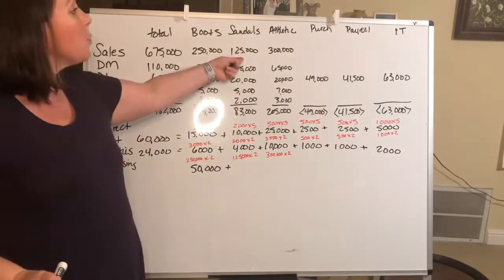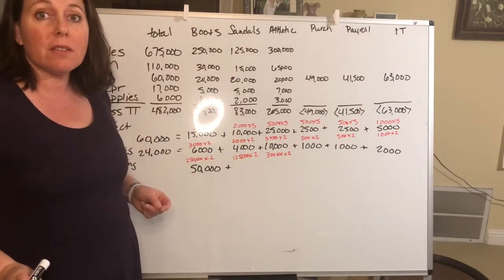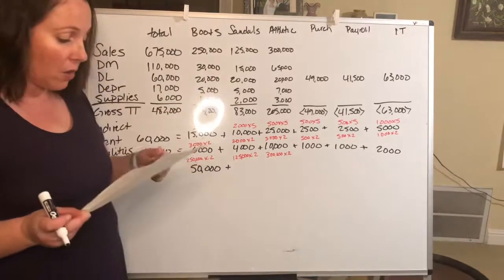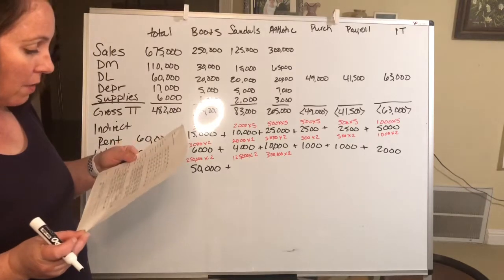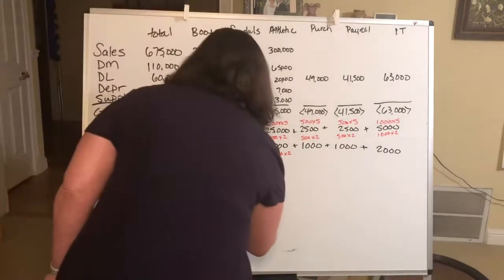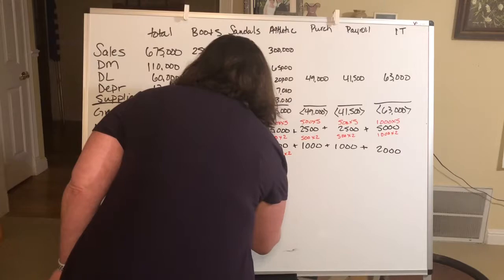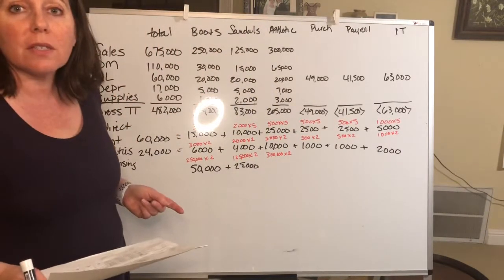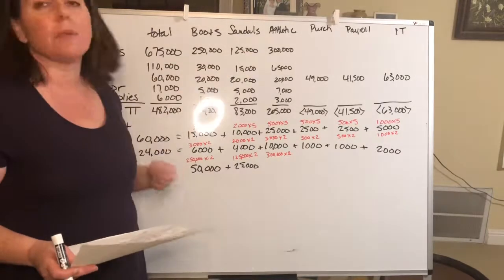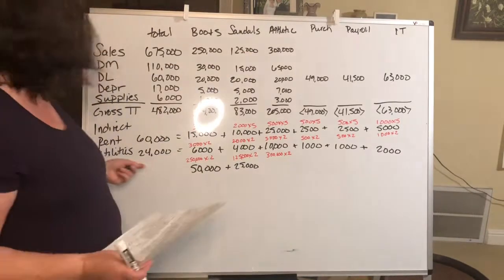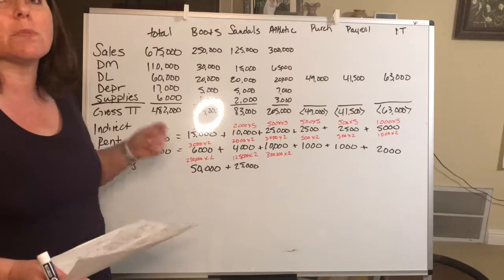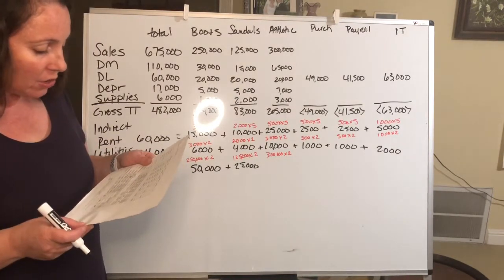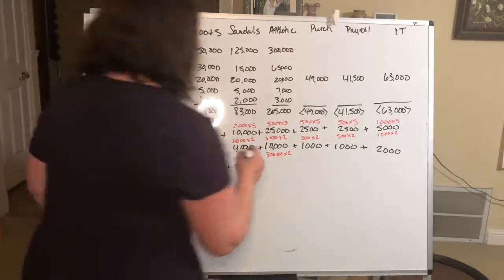Sandals had $125,000 in sales. They're being allocated advertising at 20 cents per sales dollar for a total of $25,000. And Athletic had $300,000 in sales times 20 cents per sales dollar, and that is going to give them a total allocation of $60,000.